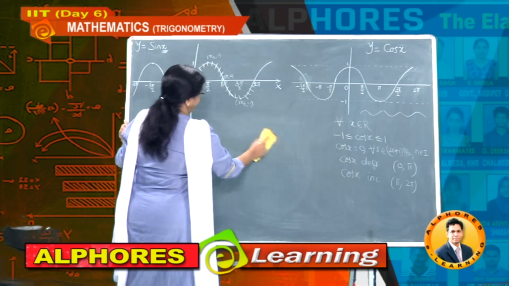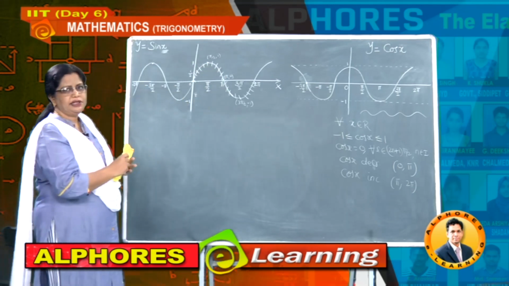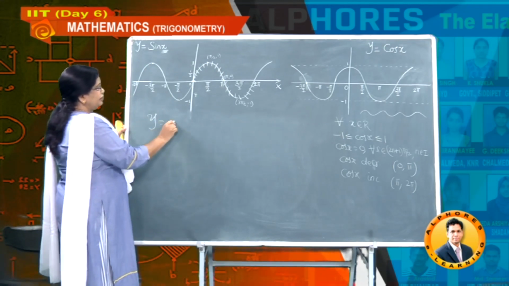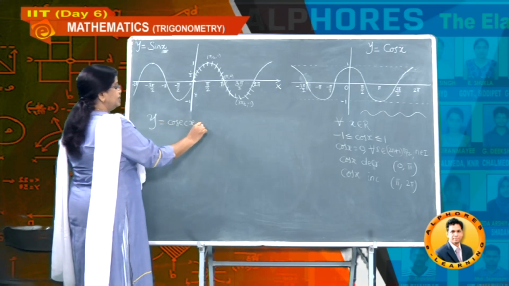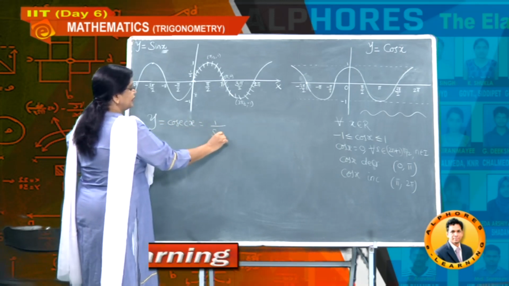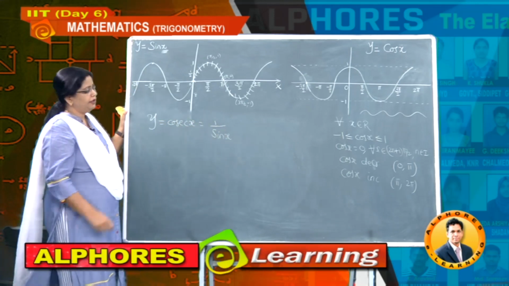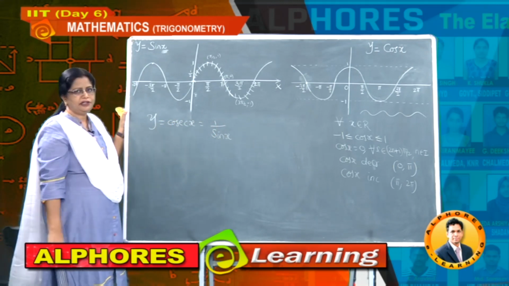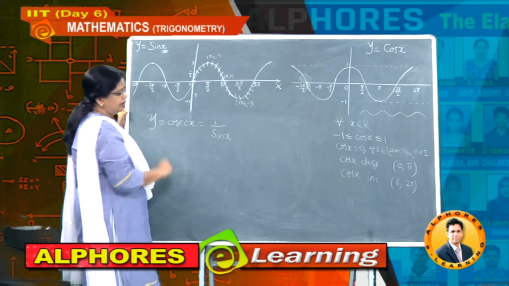Cosecant function, what is actually the cosecant x value? If I draw y equal to cosecant x, it is nothing but the reciprocal of the sine function, right? And we observed cosecant x cannot take all values. Which values can it not take?